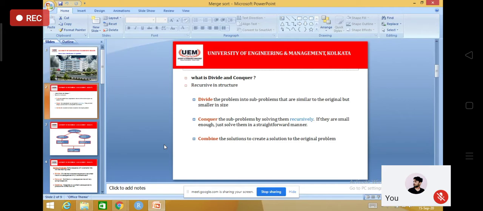The same algorithm you apply for the entire problem set, you will apply for each individual sub problem. That is called conquer. And combine: when you have solved each of the sub problems, you have to combine the solved parts to create the original problem back, but in its solved version.